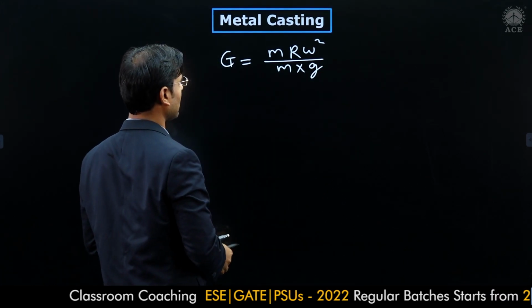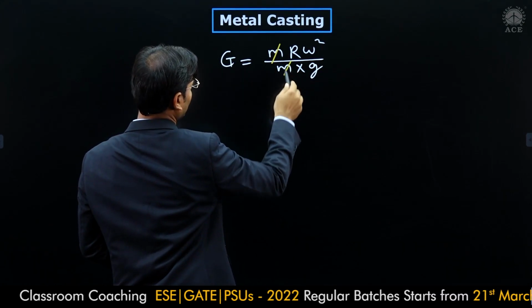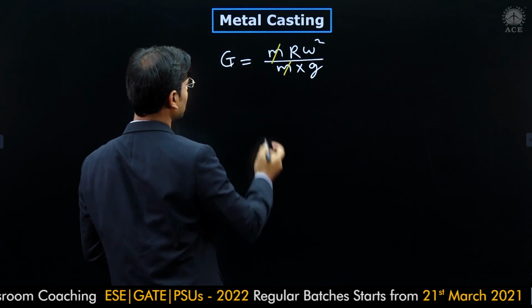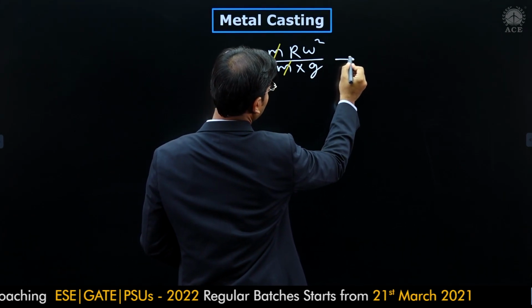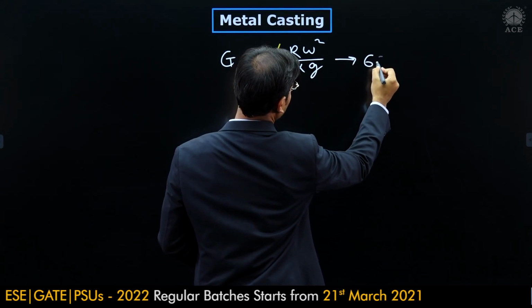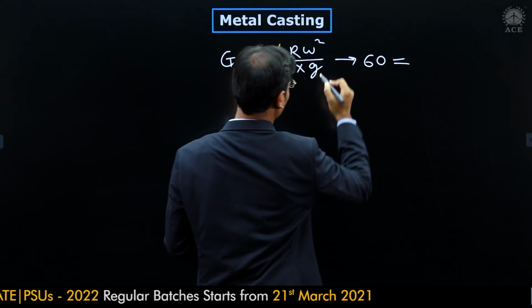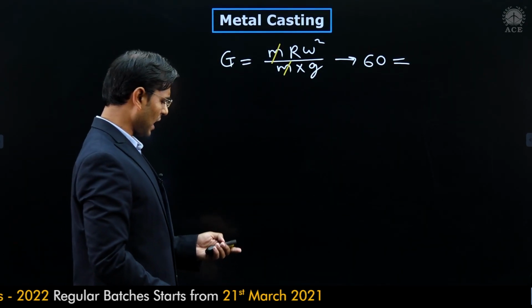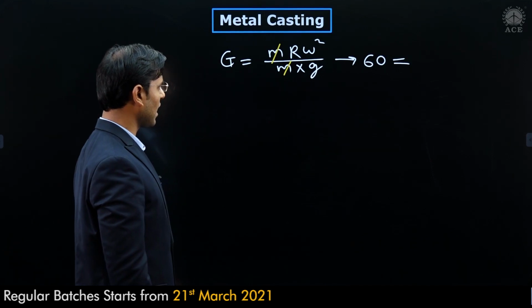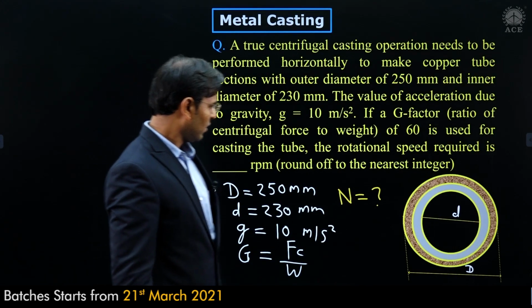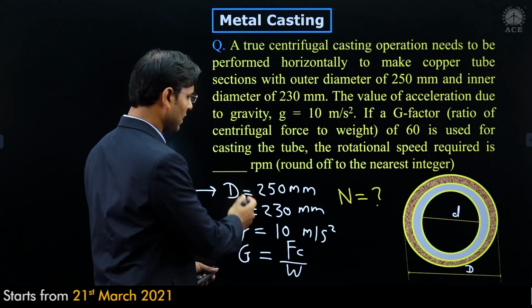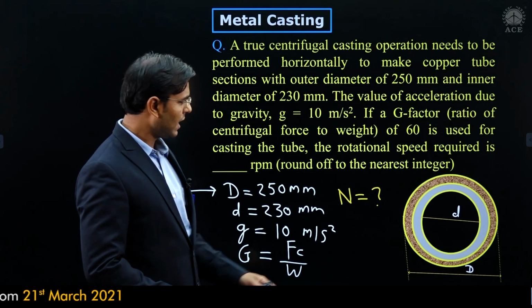Now you can see here the m is going to cancel. Now putting the value. What is the value of G? G is given, that is 60, is equal to capital R. What is the capital R? Just see here. You can see the capital D. What is the capital D?